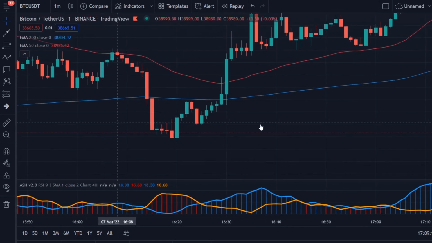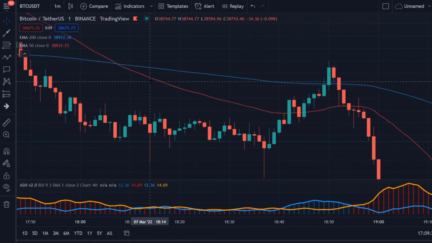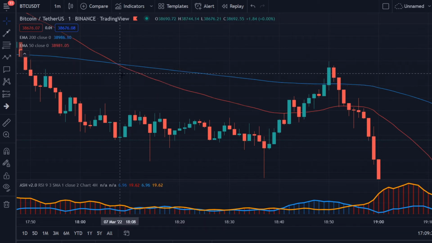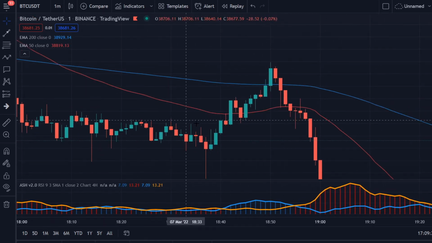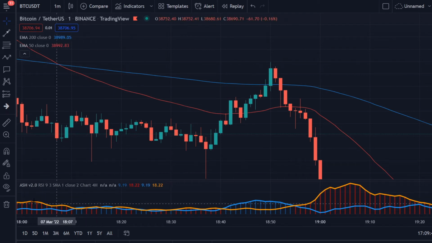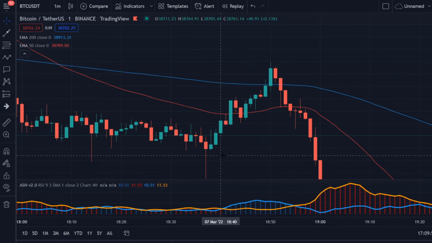Let me show you a sell signal. Over here we see a dead cross, which means that the 50 exponential moving average is below the 200. And that means that we're only looking for sell opportunities. From this moment, we look for a nice opportunity that our absolute strength histogram indicator shows us.